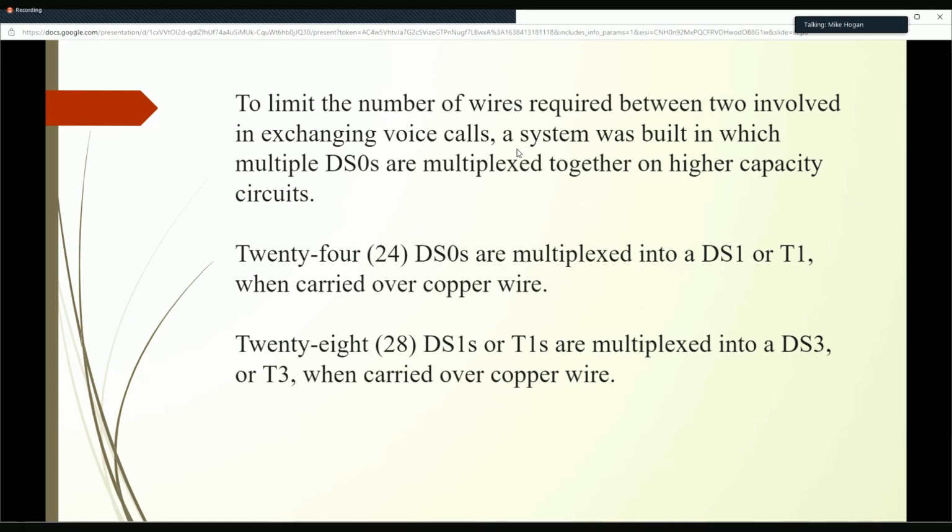If we look at a T1, you got 24 DS0s. If each one of those DS0s is 64K, then that means I've got 24 64K channels that I could use for this T1 line.